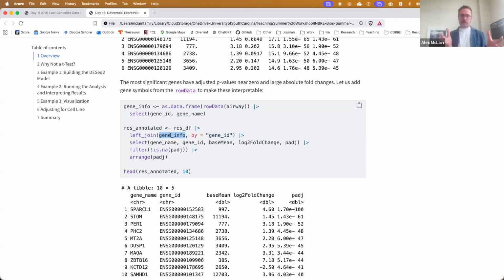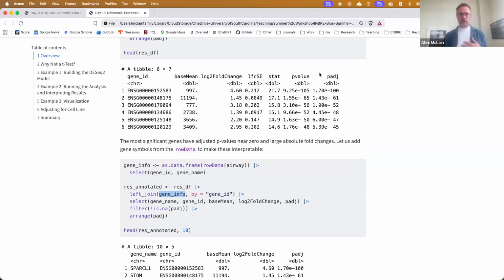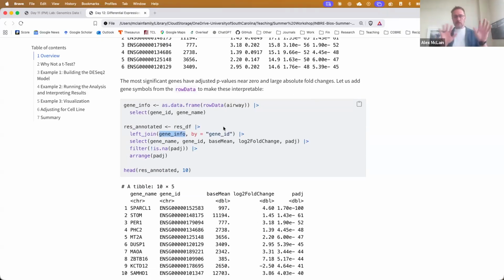And in fact, it is different because we've sorted these results by the adjusted p-values. So the ordering is not going to be the same. That's all right because we're using a left join by gene ID. Those are going to match. It is going to do the reordering for us when we do this.